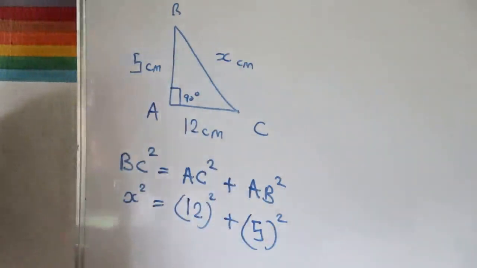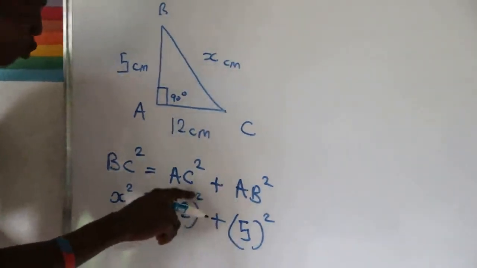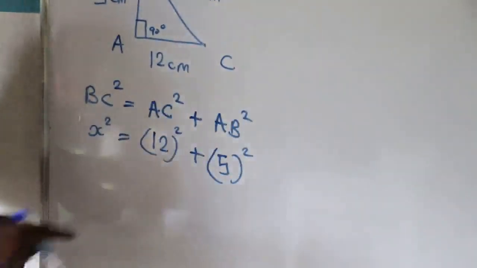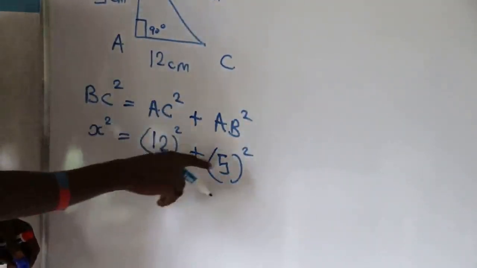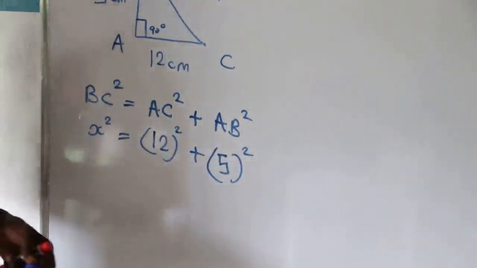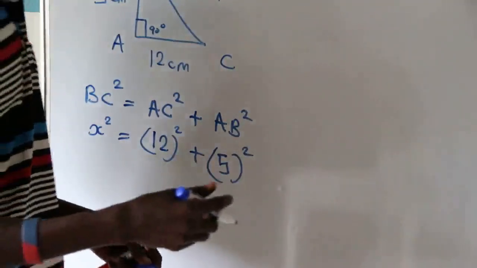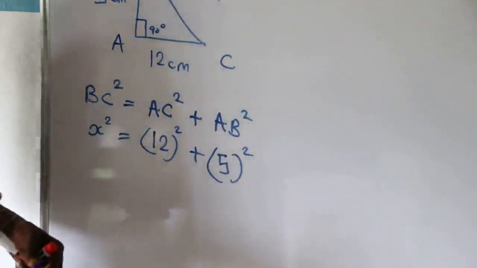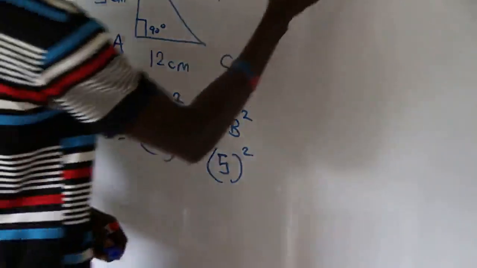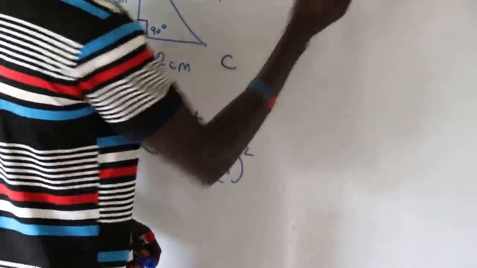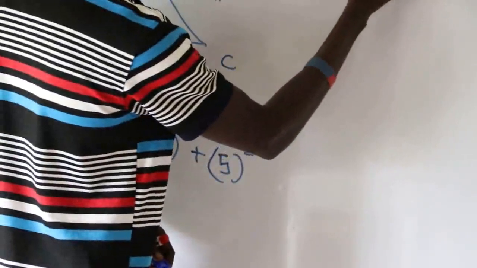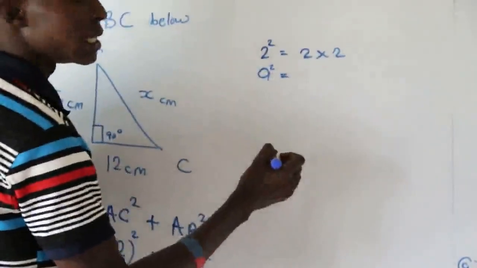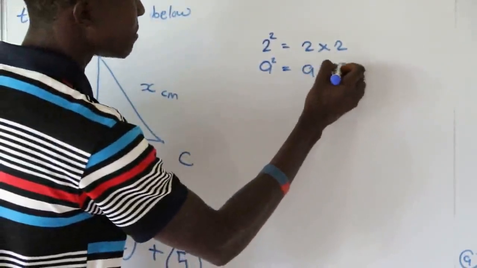So we have to simplify it now. 12 square plus 5 square. When you have 12 square, it means that particular 12 will multiply itself again. If you have 2 square, it means 2 times 2. If we have a squared, it means a times a.